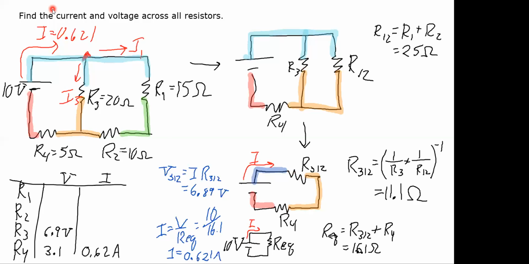Now that I have voltage 6.9 for the R3, I have voltage, I have resistance, right? R3 was a 20 ohm resistor. So with voltage and resistance, I could find current: V divided by R. So voltage, 6.89 volts divided by 20, and I get 0.34.